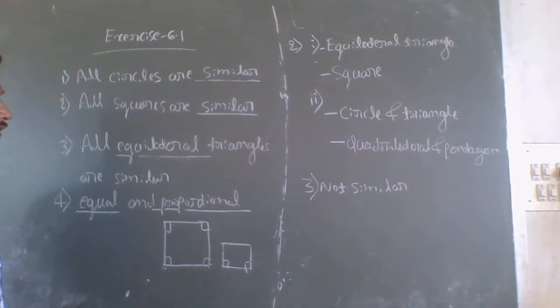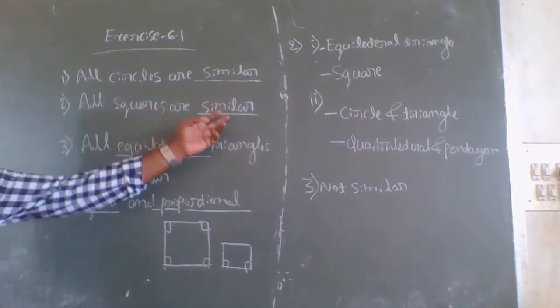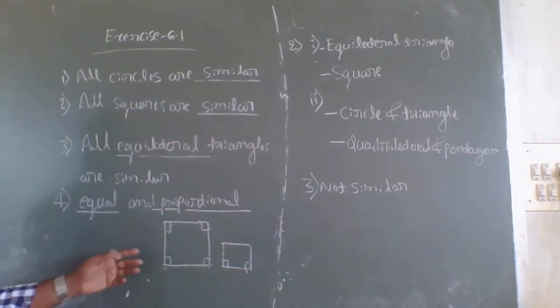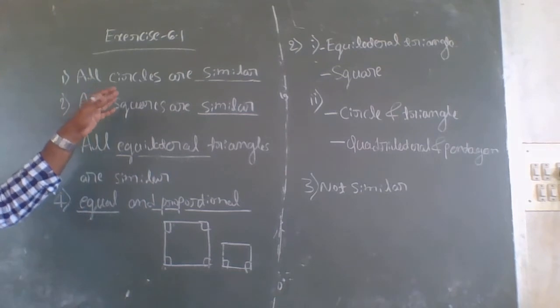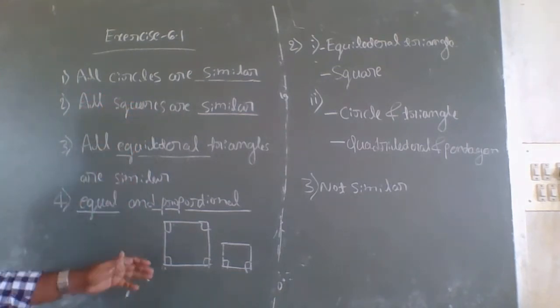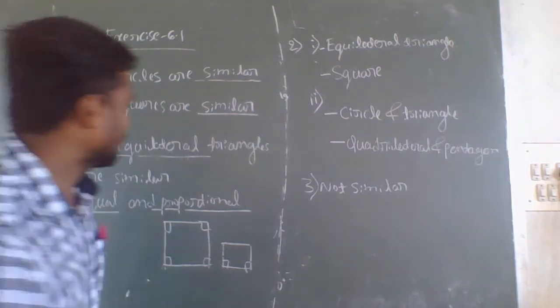Therefore sides are in proportion. Therefore all the squares are similar. These are the same in shape but not in size. Therefore, these are similar but not congruent. All the squares are not congruent. These are similar. And next one.